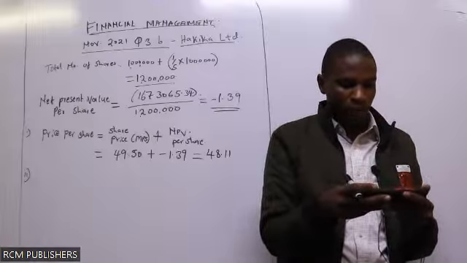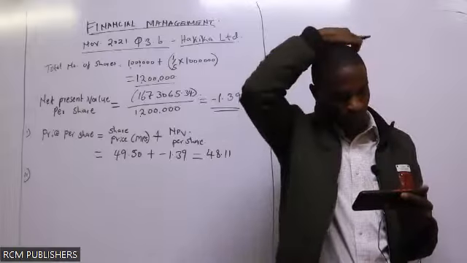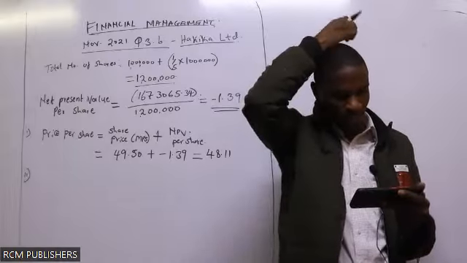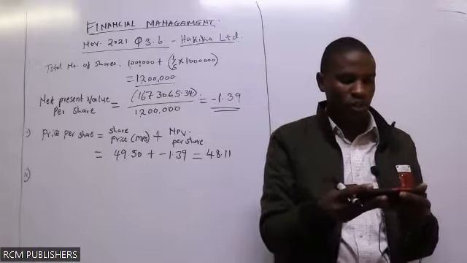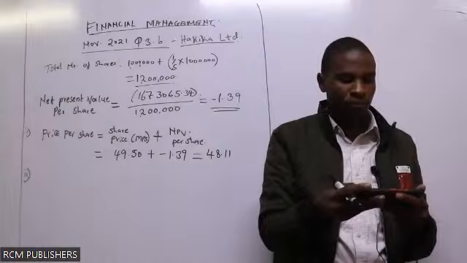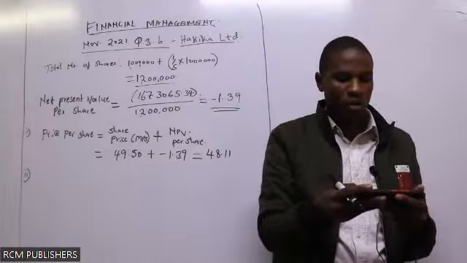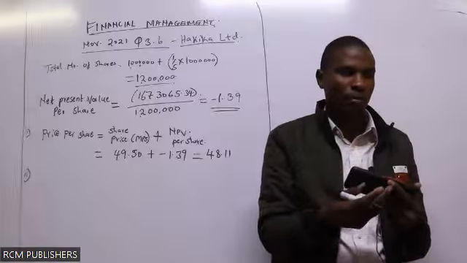For this one, you can look at the fourth sentence. You are told that to raise the amount, the company intends to issue a 1-for-5 right issue at the subscription price of 39 shilling per share.